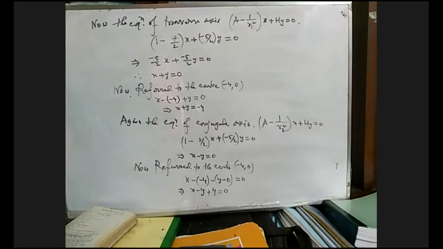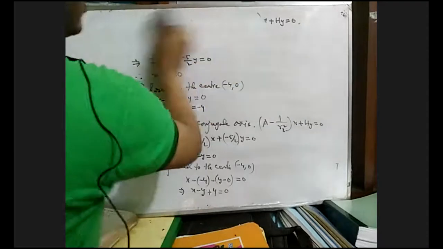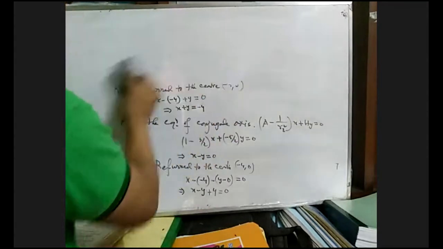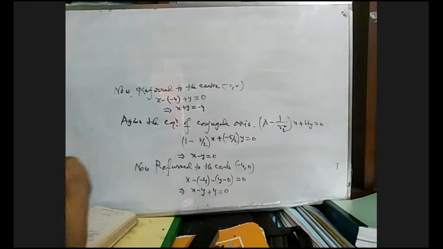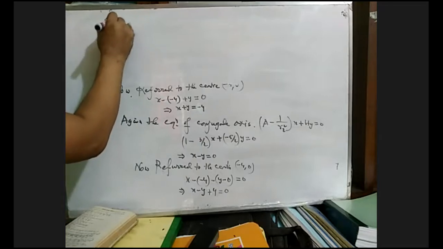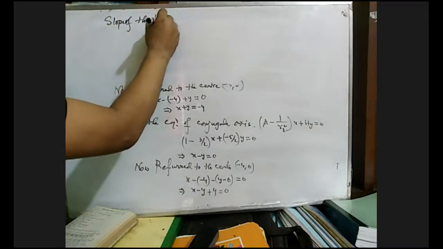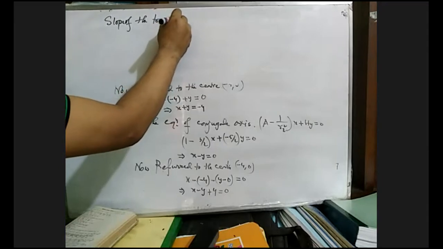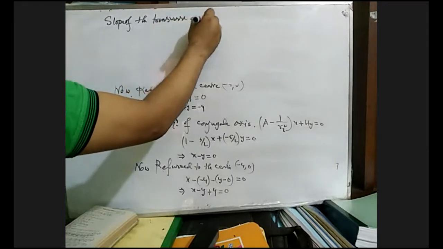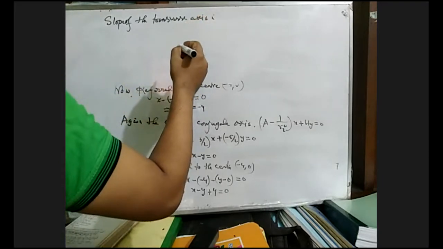Now we have to find out the slope of these two lines. One is this and this, the equations of the two axes. The slope of the transverse axis is m equals tan theta, you must know.